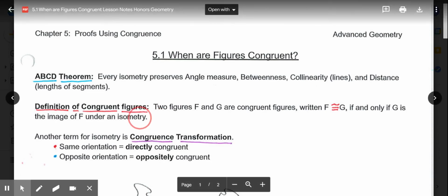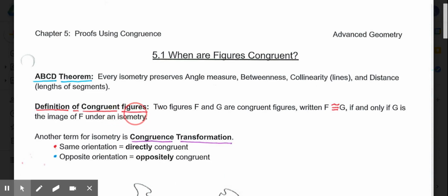Remember, isometries could be a translation or a slide, a reflection, which is a flip, or a rotation, which is a turn. Any of those still could result in congruent figures.